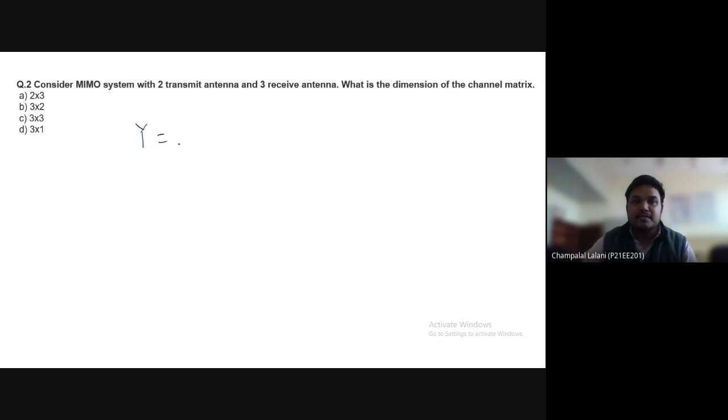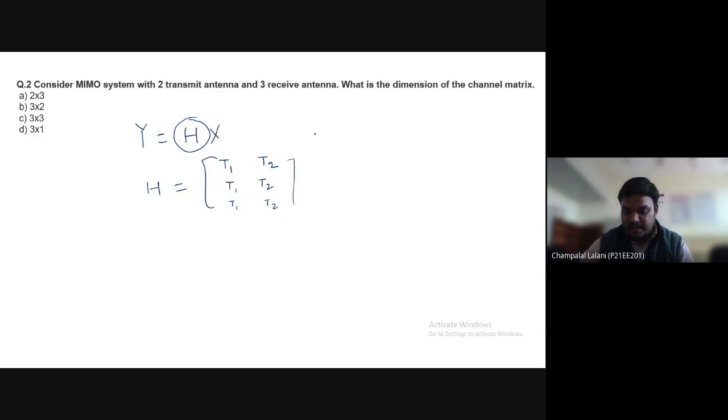See, the received signal Y is H into X, where H is the channel matrix. If you have 2 transmit antennas, then it will be T1, T2, and similarly for the receive antennas. Let me make a diagram.